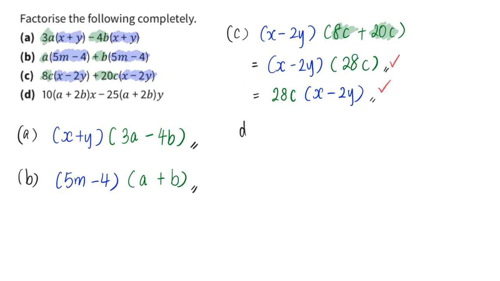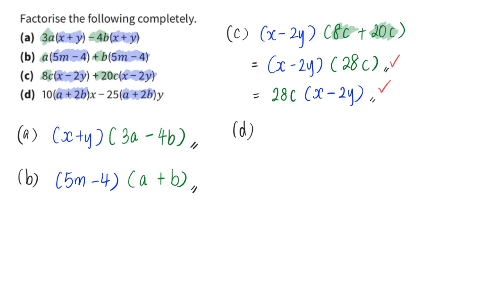Now for part D, similarly, I saw that a plus 2b is a common factor. I also saw that 10 and 25 have a common factor 5, which is the highest common factor.